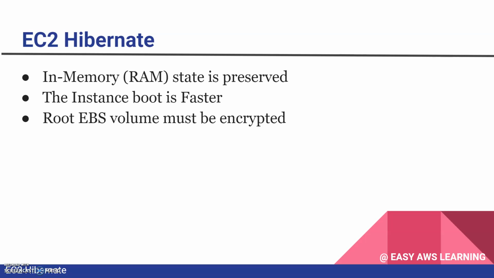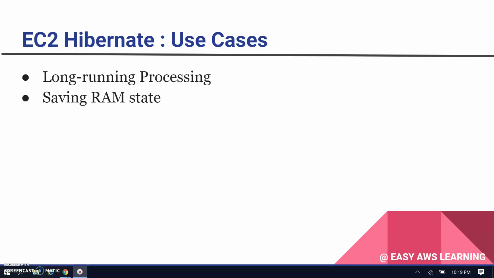When you hibernate an EC2 instance, the operating system is told to perform hibernation, which is basically suspend to disk. Hibernation saves the contents of the instance RAM to your Amazon EBS root volume, which persists along with your attached Amazon EBS data volumes.